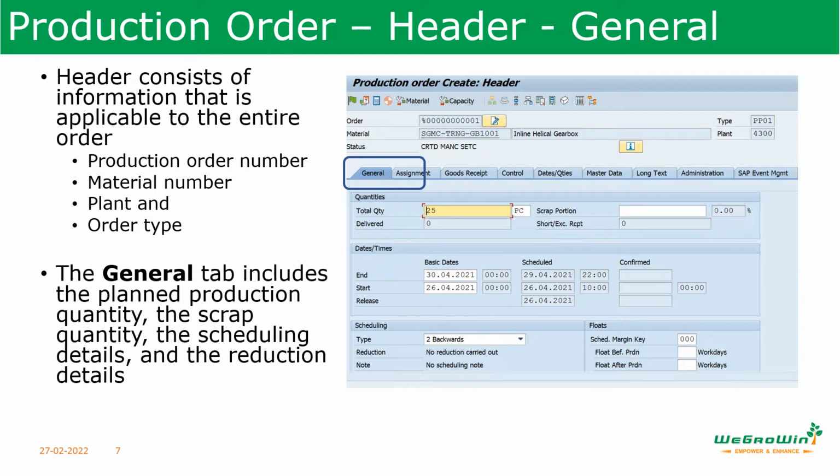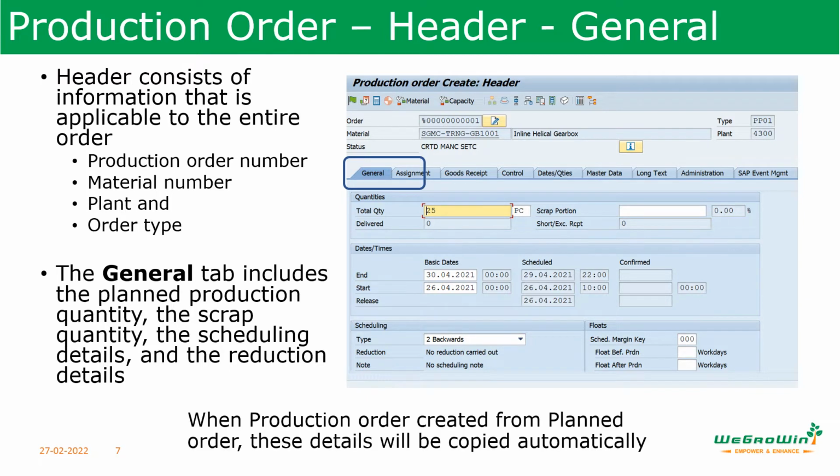The general tab contains the details like what is the planned production quantity, what is the planned scrap quantity if any, what is the finish date, what is the start date. These kind of details will be available. When production orders are created from planned order, these details are copied from the planned orders automatically. We don't need to enter them.